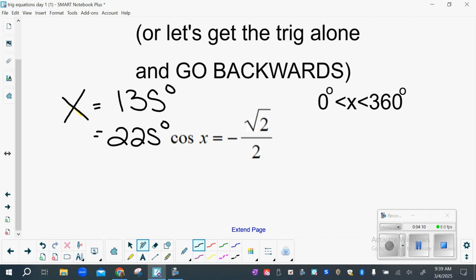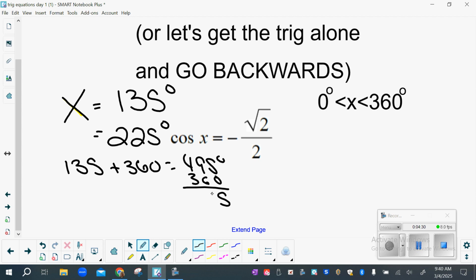So it is possible that you wouldn't just get 135. You could also get 135 plus 360 and get 495. You could also add another 360 onto it and get, let's do it, I can't add in my head, it looks like 855.